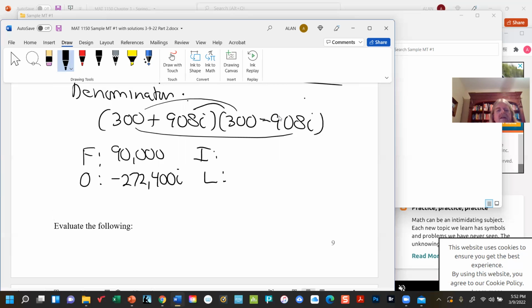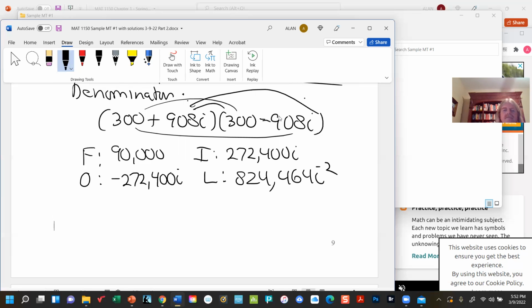The inner is just the same except for the positive sign. And then last, 824,464, but that's i squared, of course, which is -1.